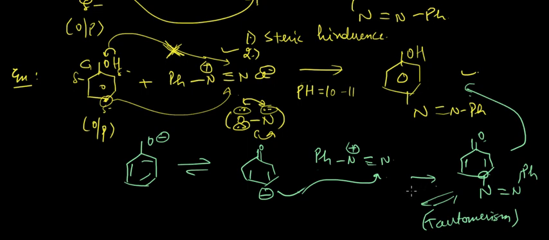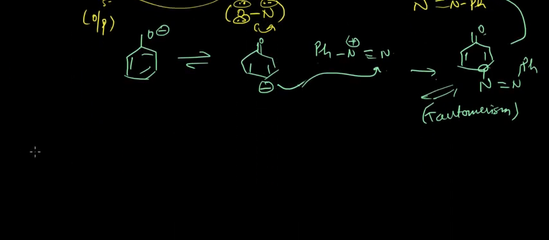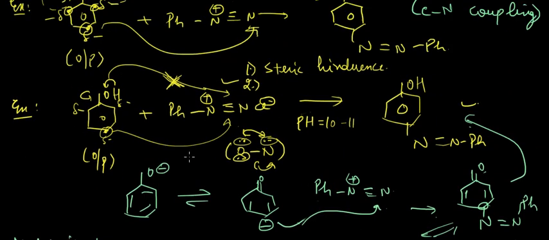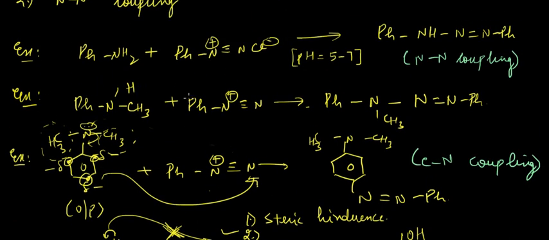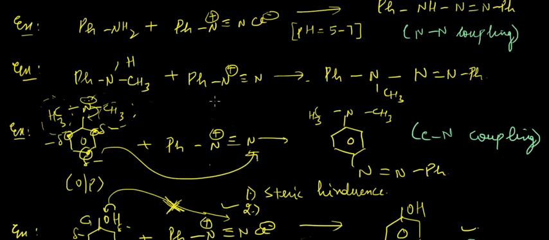Okay, so let us discuss the mechanism as to how it happens. So the mechanism is pretty simple. For example, we took an example in the previous one, I will just show you there only. We took this example wherein we reacted this compound with diazonium chloride, or diazonium salt. So the lone pair here will actually go and attack on this nitrogen atom.